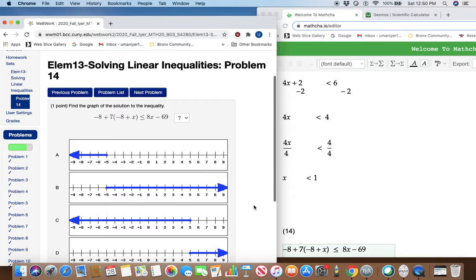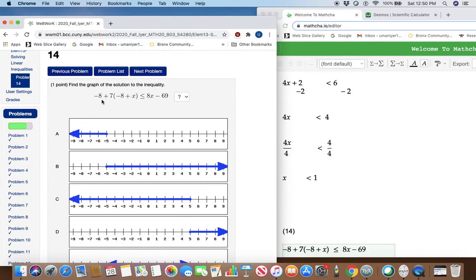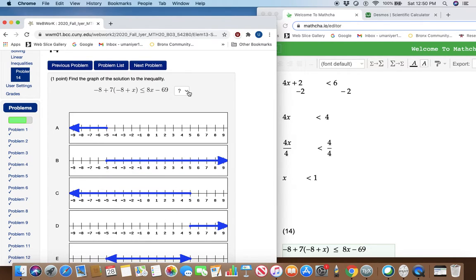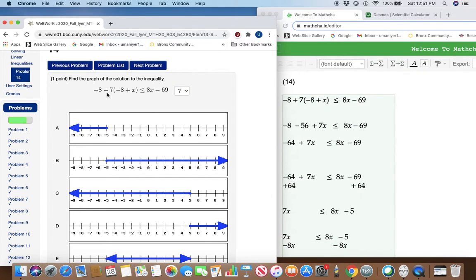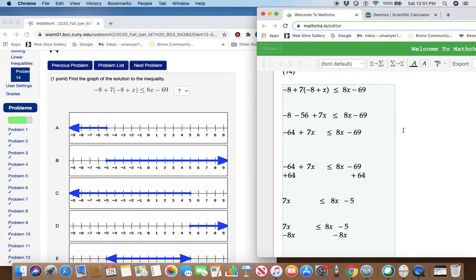Okay. Negative 8 plus 7 times negative 8 plus x less than or equal to 8x minus 69. We want to choose which of these graphs represents the solution to this problem. So 14th question. I hope I have copied down the question correctly. Now proceed.